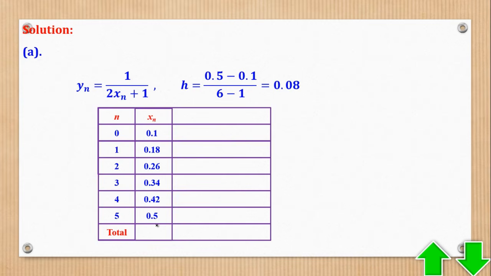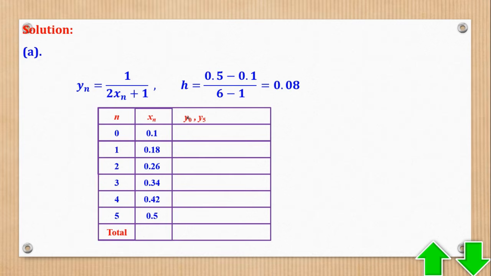But when it comes to the values of y, we are going to split the two, because remember in the formula the extreme ordinates were grouped together and the other intermediate ordinates were also grouped on their own separately. Therefore, even here, when we are tabulating, we shall tabulate the extreme ordinates alone and the intermediate ordinates alone.